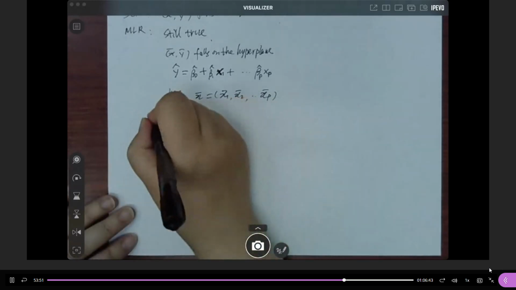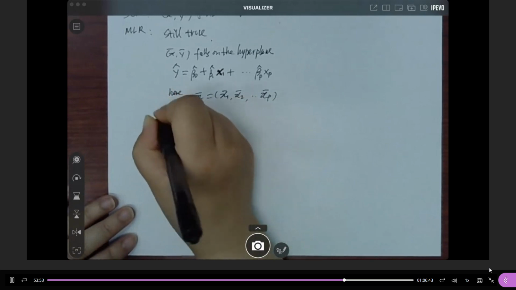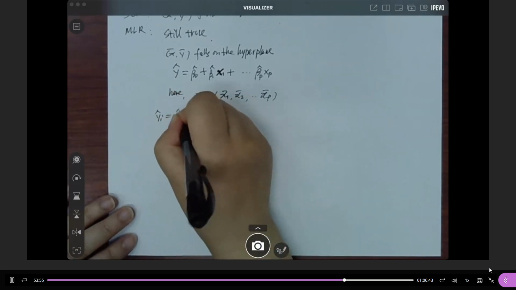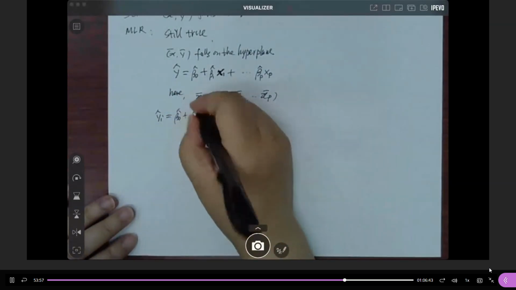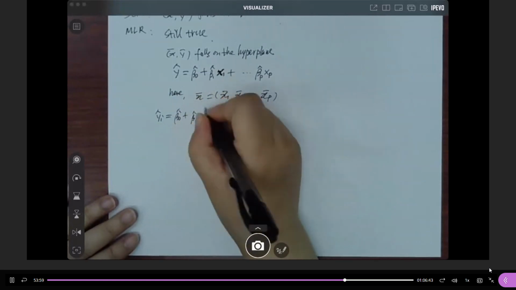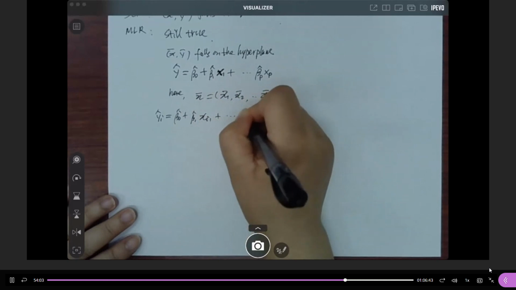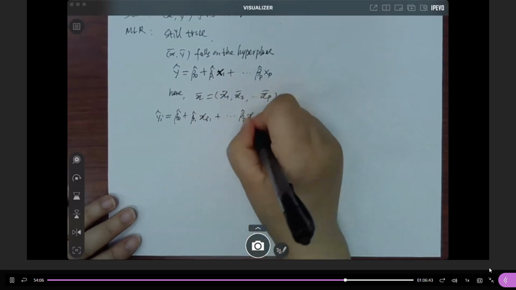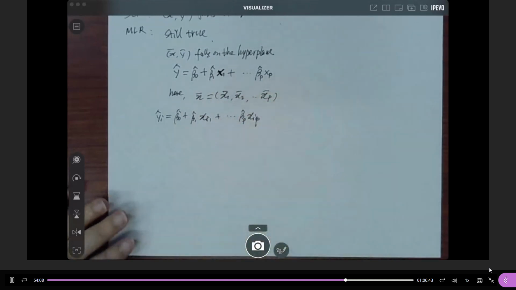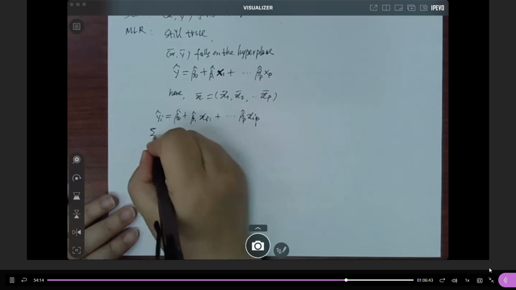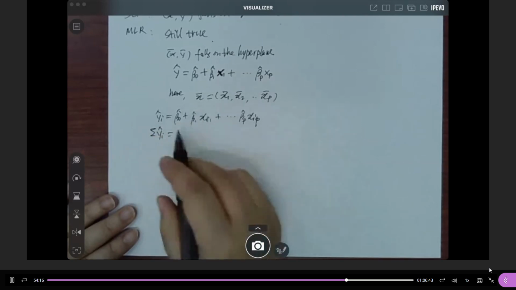So in order to prove that, you show that each yi hat equals beta 0 hat plus beta 1 hat xi1 plus all the way to beta p hat xip, right? Then you do a summation of yi hat.